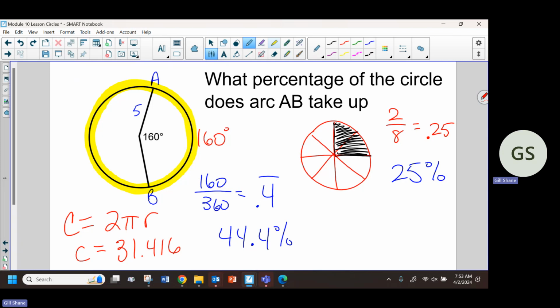So that's my circumference. Now, what do I do? Chance, I want to know what is 44.4% of that whole circle.